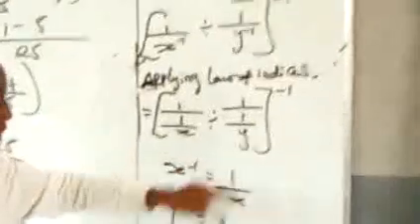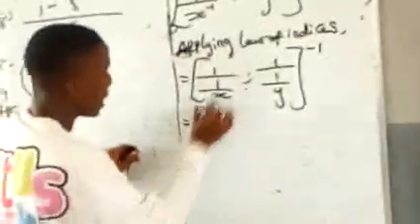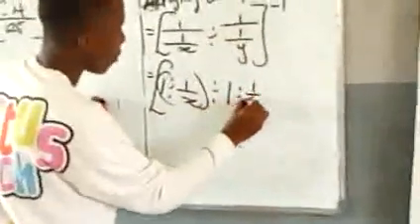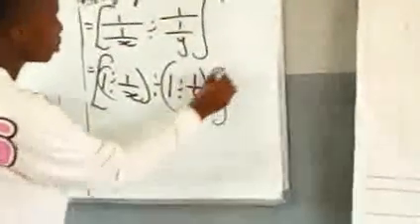Remember, 1 over x came from x inverse, which is 1 over x, and y inverse is equal to 1 over y. Now, we are left with 1 divided by 1 over x, divided by 1 divided by 1 over y, all raised to the power minus 1. Now this line is a division sign.